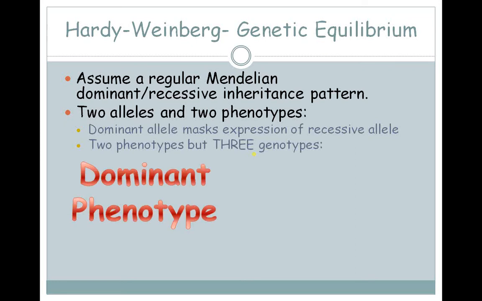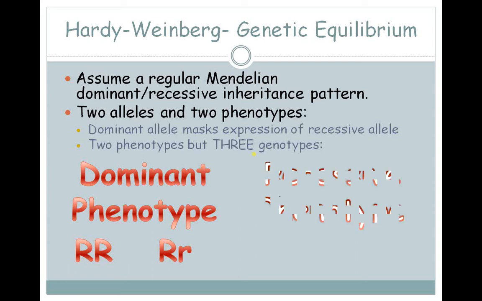So we can have the dominant phenotype, and if we use the normal naming criteria, which would be a large letter for the dominant allele, a small letter for the recessive allele, someone who has a dominant phenotype could have one of two different genotypes. They could have both dominant alleles, or they could have a dominant and then a recessive allele.